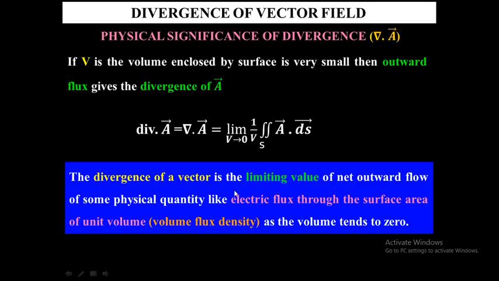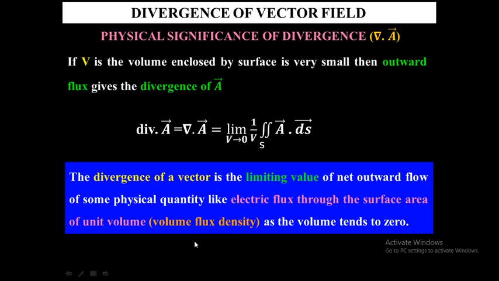So if I take the divergence of the vector field, I get the volume flux density in terms of electric flux through the surface.